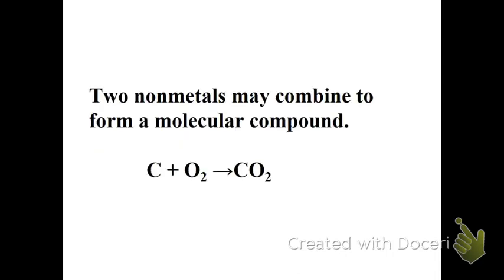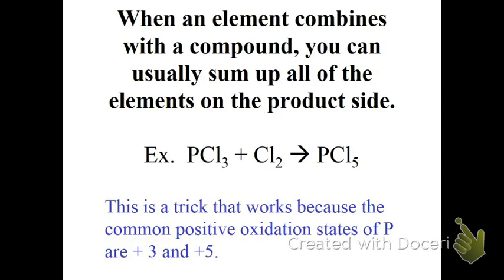In this case, we're forming carbon dioxide. Just some examples. When an element combines with a compound, you can usually sum up the elements on the product side. And then, of course, those are going to be molecular compounds there because they're both 2 nonmetals. Usually you can do that. You know, in chemistry, there's always an exception, right?